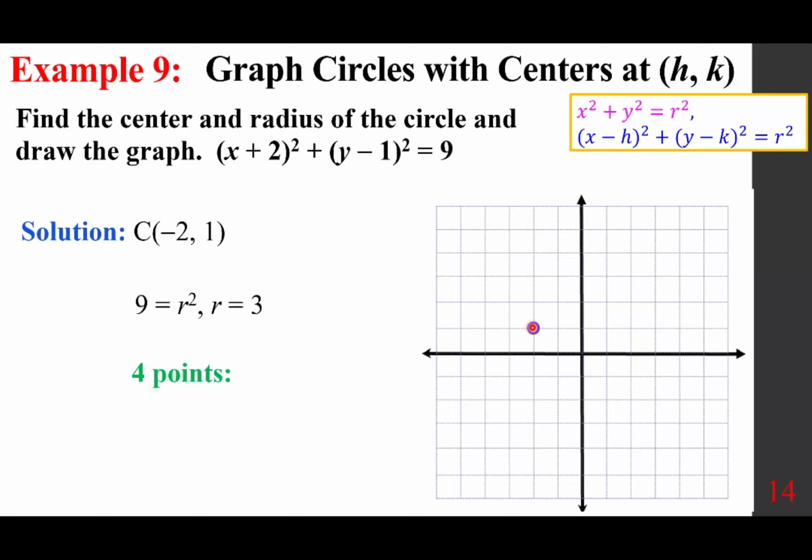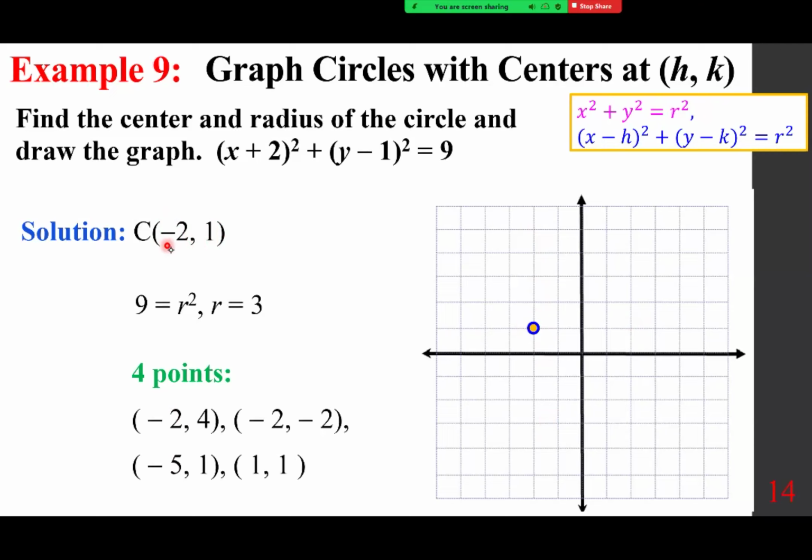Meaning, from the center, go r units to the right, to the left, to the top, and to the bottom. So go back here and add 3 units to 1, you get negative 2, 4. Subtract 3 units from 1, you get negative 2, negative 2. Then you keep the 1 intact, add 3, and you get 1, 1. Subtract 3, and you get negative 5, 1. So those are the 4 points.